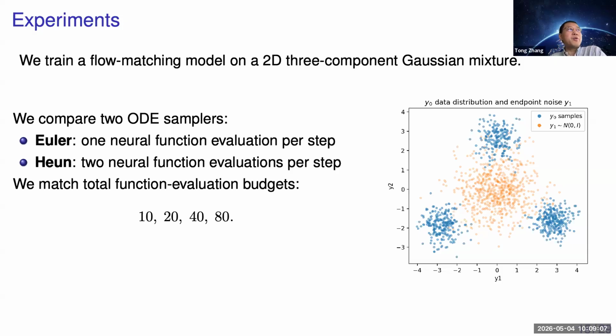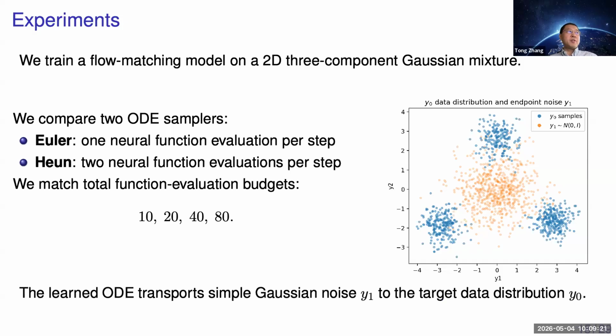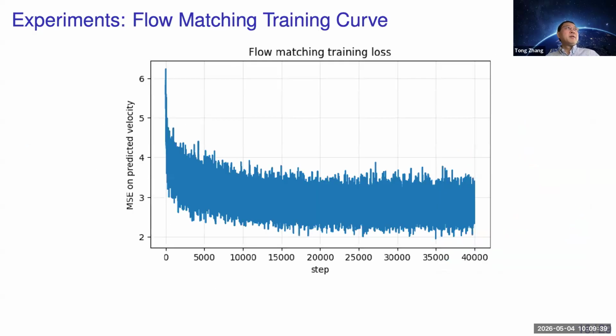For Heun, it should be 5 iterations, 10 iterations, 20 iterations, 40 iterations, right? Same function evaluations, different iterations. So the learned ODE transports simple Gaussian Y1 to Y0 using flow matching. And you just compare these two methods for the inference.